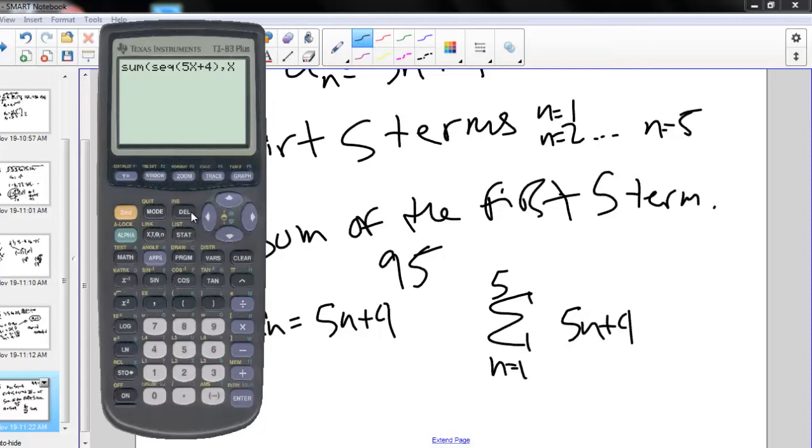Maybe this is supposed to be in parentheses. I don't remember. From 1 to 5. Okay. And I'm going to press enter, and I'm praying if I've done anything right in my life that it says 95.